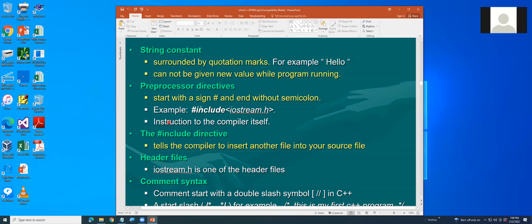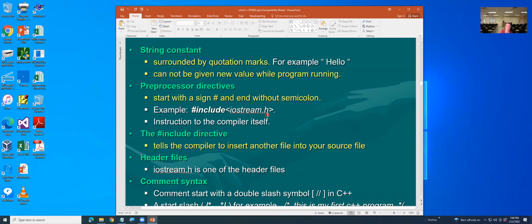A preprocessor directive starts with the pound sign and ends without a semicolon. For example, include iostream.h. Okay, iostream.h, that means input output. The .h means header.